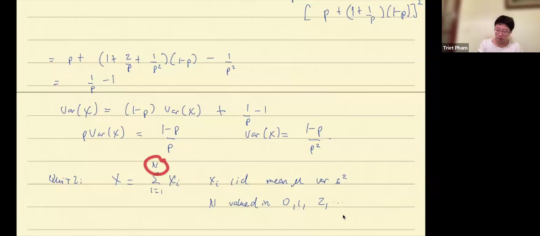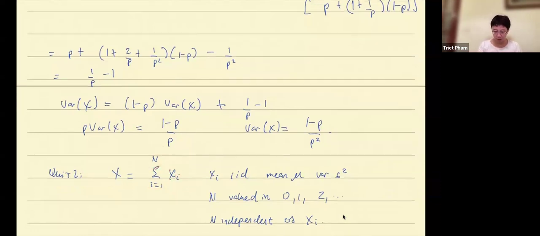Whatever. The point being is that this just represents the upper limit of the sum. So anything that's legal for the upper limit of the sum can be a value of n. But n also must be independent of the x's. So in other words, this is a random sum, not only in the sense of the terms being random, but how many terms you use is also random.